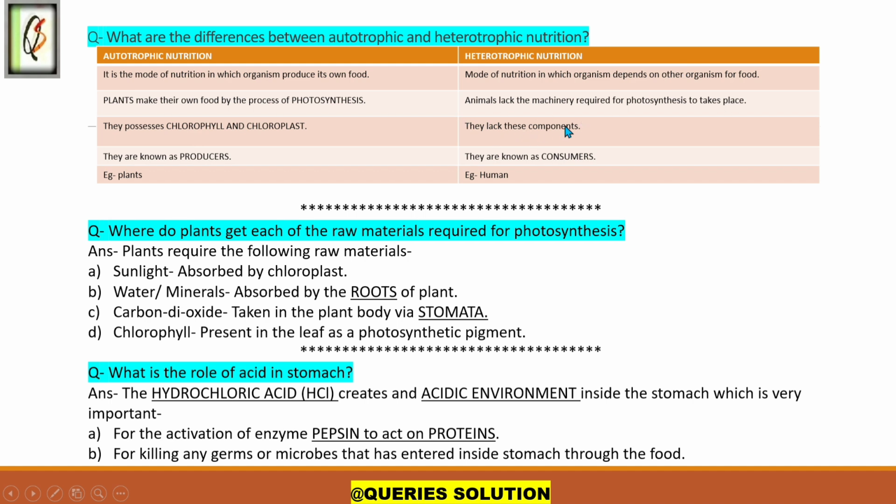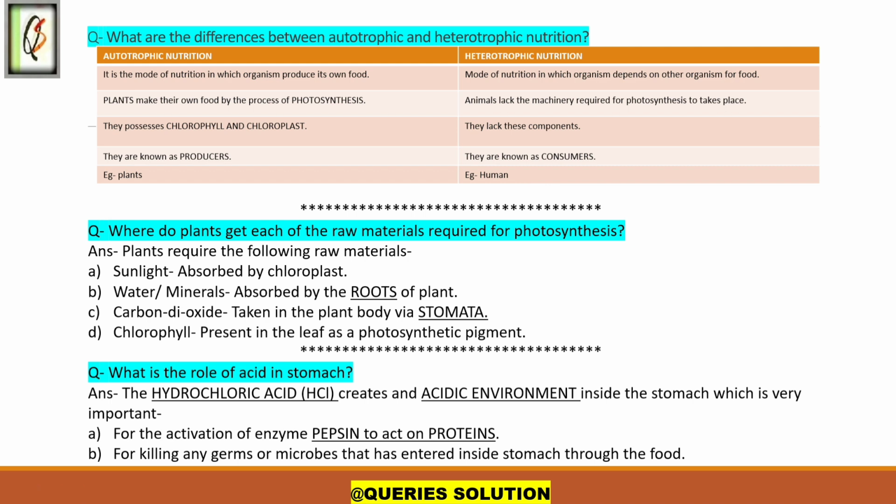While in the case of animals, there are no such structures present. Since plants make their own food, they are known as producers. And since we depend on someone else for our nutrition, we are known as consumers. And these are the examples as you can see over here.